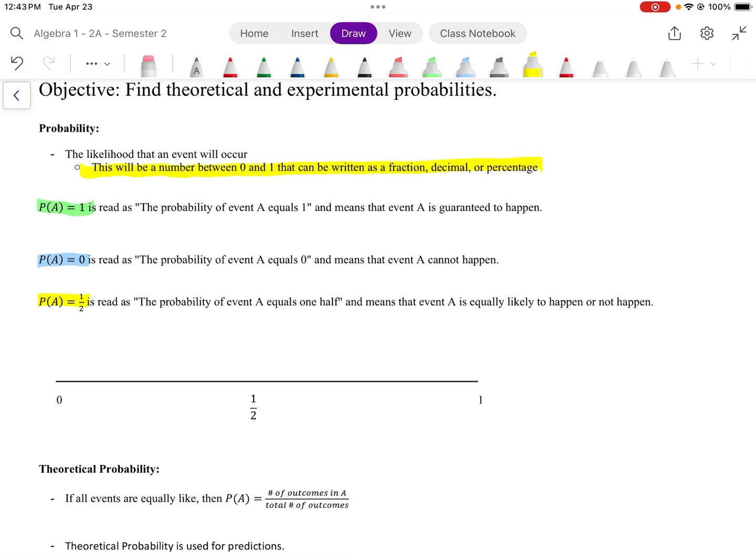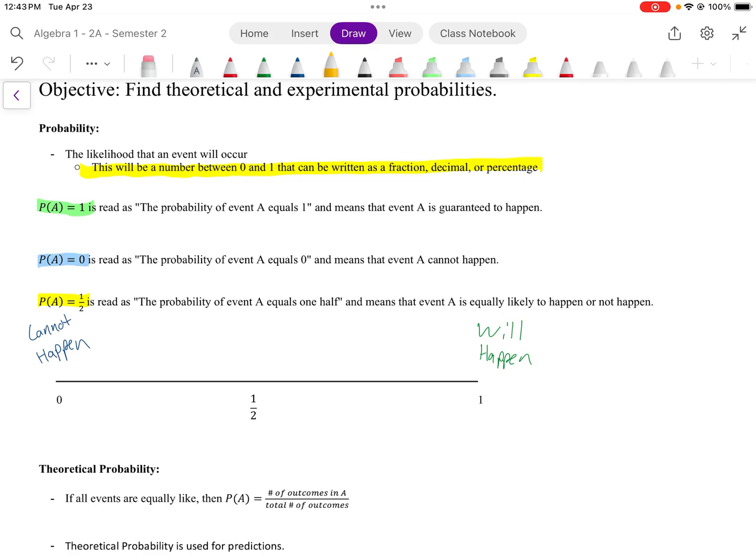All right. This number line gives us a spectrum of things. If the probability is a 1, all the way on the right, that event will happen, guaranteed, 100%. If the probability is 0 on the left, that thing cannot happen. It's not possible.